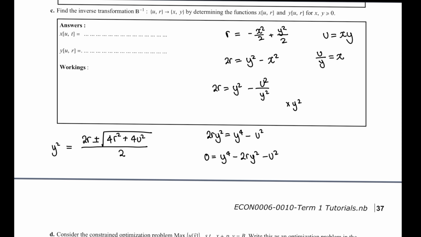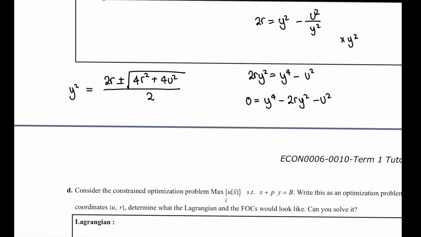Here we have x and y are greater than 0, so we can ignore the negative solution. So we get y squared is equal to 2r plus, if I take the root 4 out, 2 square root r squared plus u squared, all over 2.